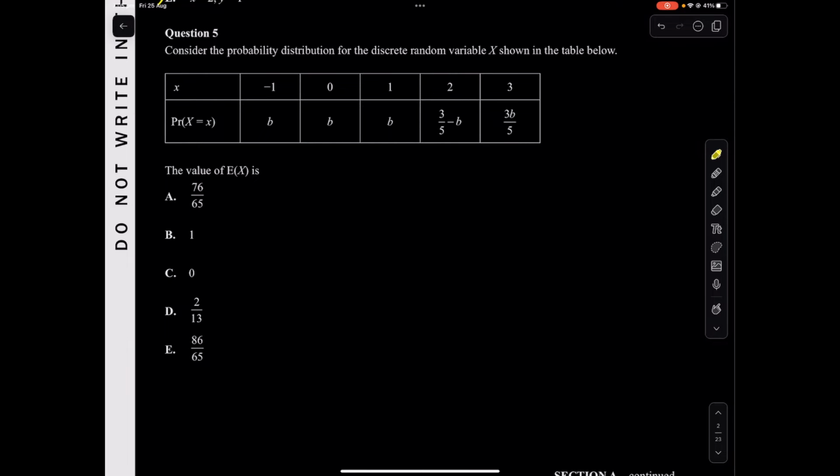Consider the probability distribution for the discrete random variable shown in the table below. Okay, the expected value of x is what? Okay, so let's first find the value of b. So if we add them all together, these all will be 3b, but we're minusing 1, so it'll be 2b plus 3 over 5 plus 3b over 5. It must equal 1, which b would equal what?